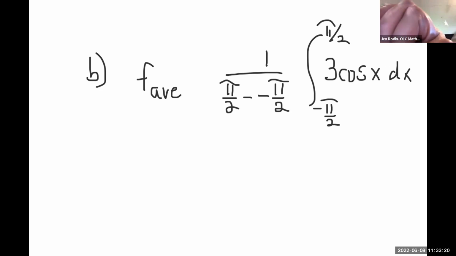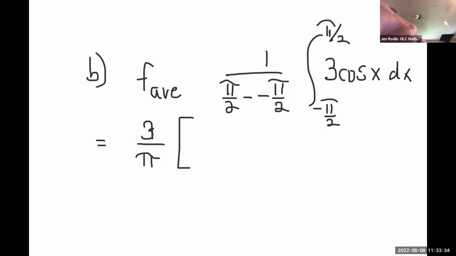I'll keep going a little bit. Pi over 2 plus pi over 2 is just pi. And then that 3 could come out to the front because it's a constant. And the integral of cosine is just sine.